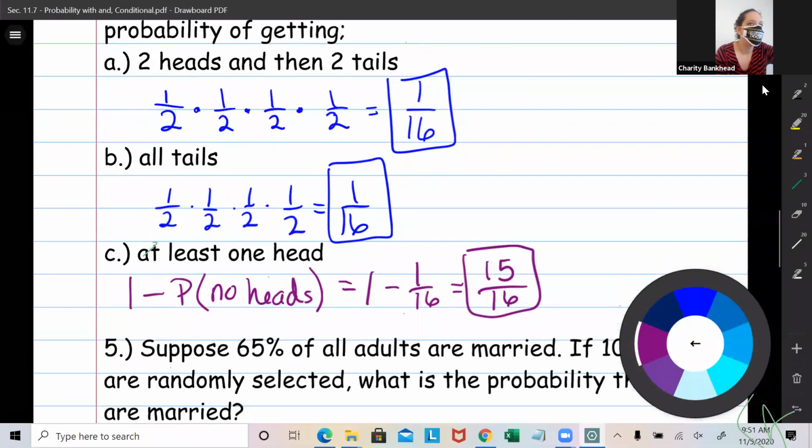How do you know when you do the one? I guess when it says like at least 1 or something like that, then you're going to want to use that.